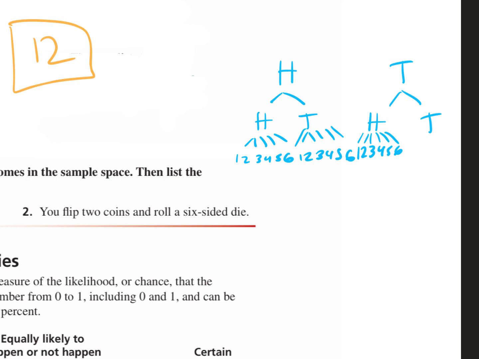I could have flipped tails, then tails, and then rolled a 1 through 6. So how many possible outcomes do I have here? 24. Now you could count all of them, or we know that we had 2 possible outcomes for the first flip, 2 possible outcomes for the second flip, and 6 possible outcomes when we roll a die. So if you multiply all those together, you get 24.